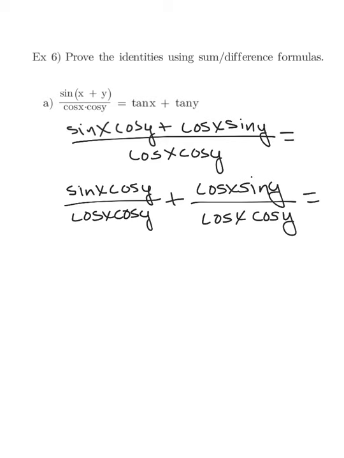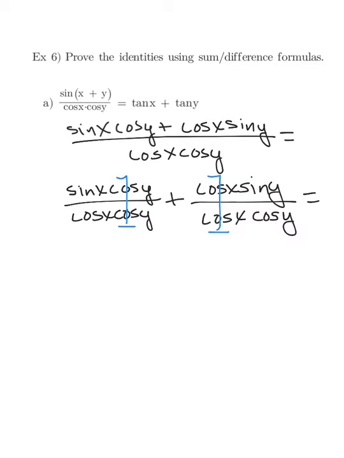Well, now in looking at what we have, all these functions are being multiplied together, but cosine of y over cosine of y equals 1. In the second fraction, cosine of x over cosine of x equals 1.